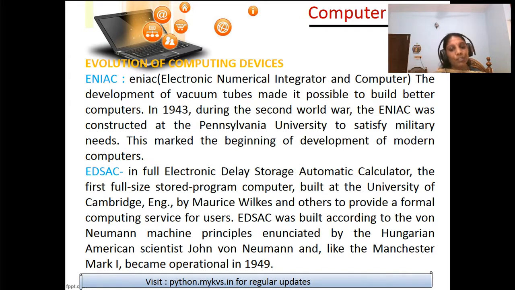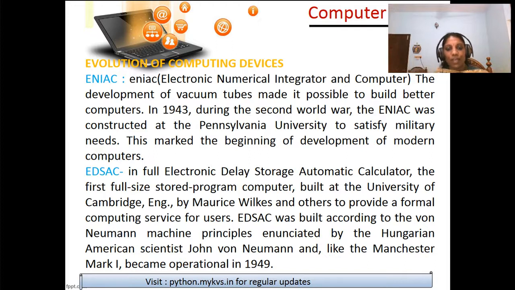The first full-size stored program computer, built at the University of Cambridge to provide formal computing services for users. This was built according to von Neumann. Now you understand why I mentioned von Neumann's name in between. It was built according to the von Neumann principles by the Hungarian American scientist John von Neumann.